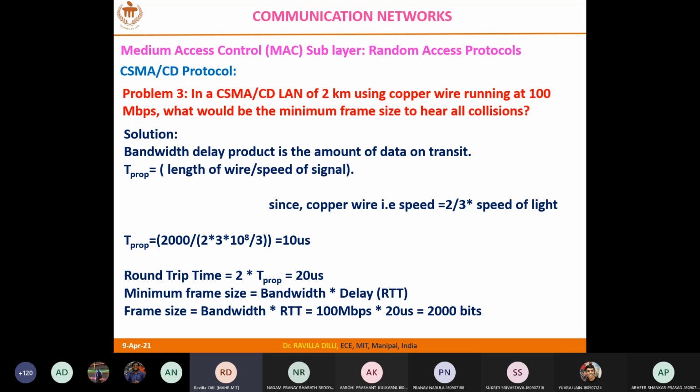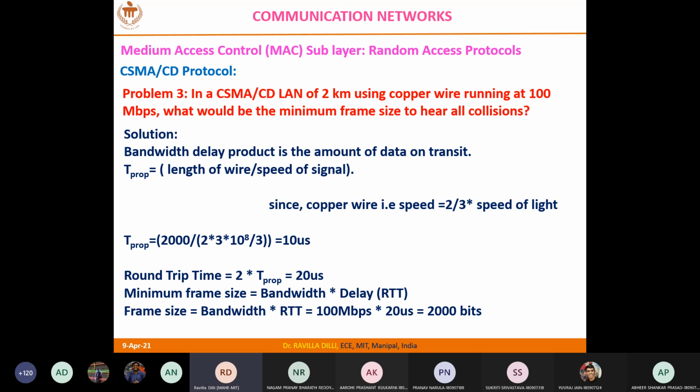What is T-prop? Two into 10 power 8. That is the propagation speed in copper wire.